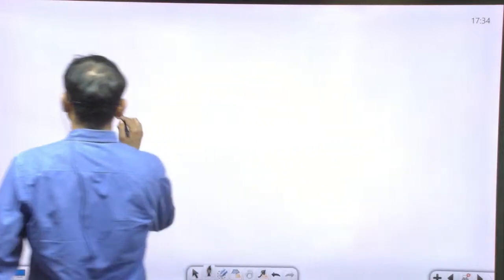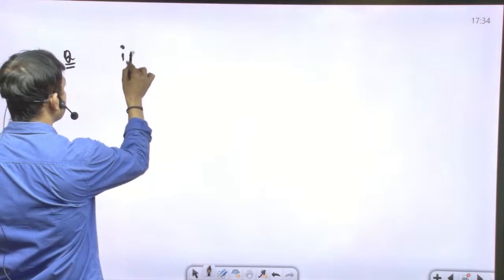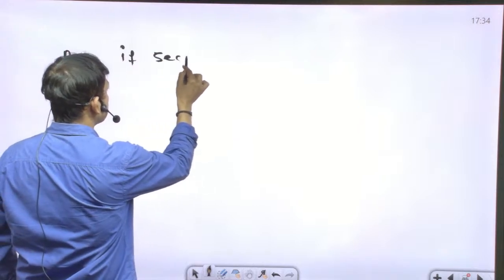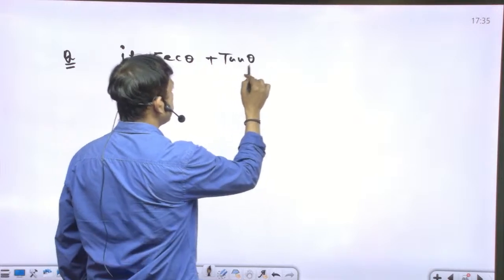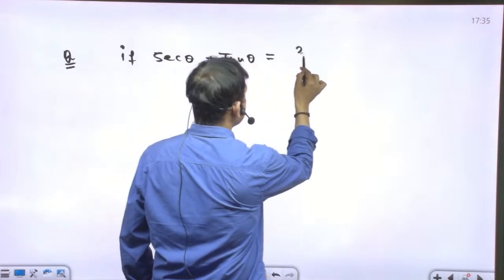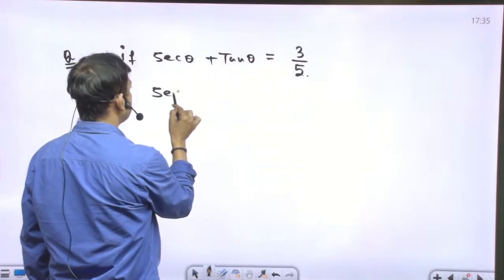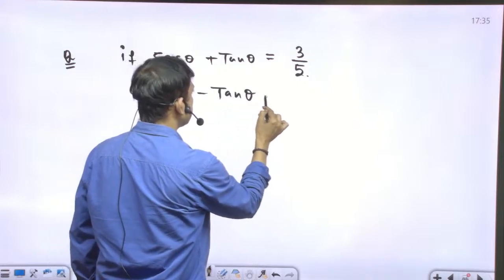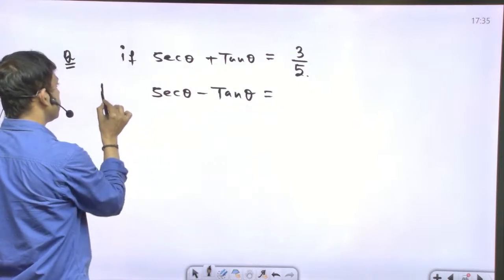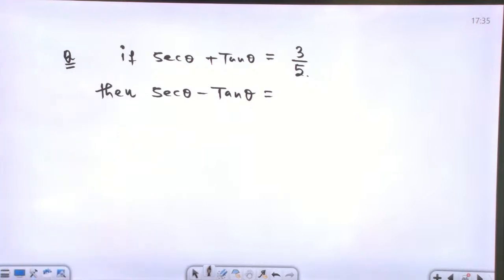Now take the next question. If sec theta plus tan theta is equal to 3 by 5, then what will be the value of sec theta minus tan theta? Answer?